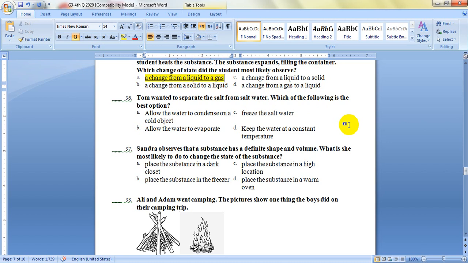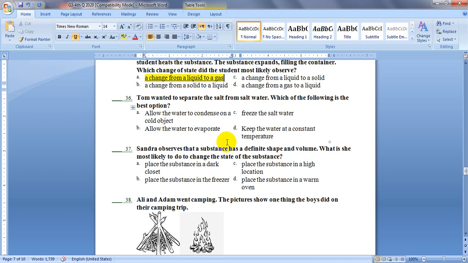Allow the water to evaporate. Freeze the salt water. Keep the water at a constant temperature. To separate the salt, he should allow the water to evaporate, so the water vapor will fly up with the air and the salt will stay down.